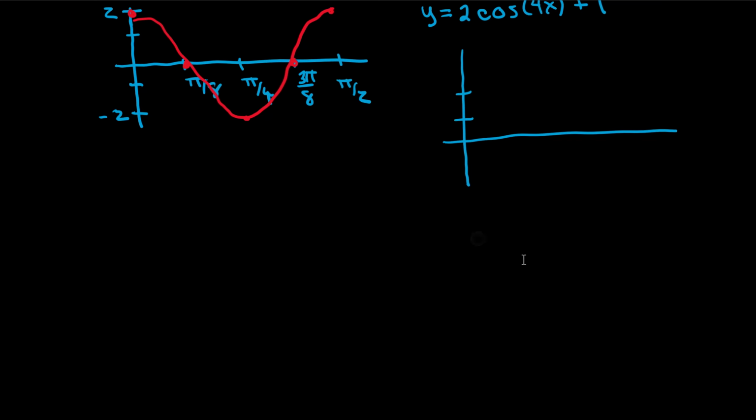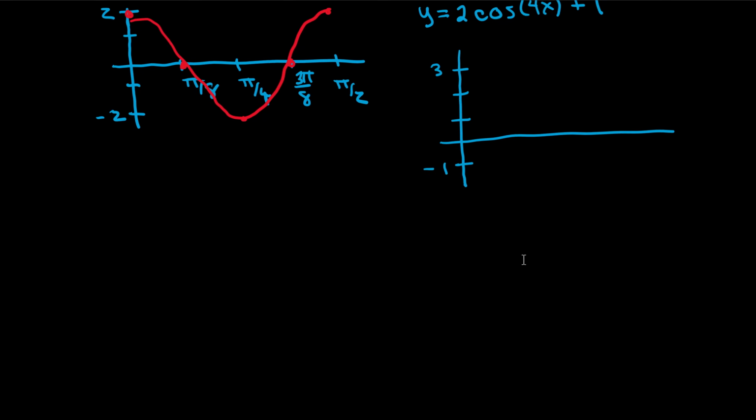Well, it did go up to 2, now it's going to go up to 3. It did go down to -2, now it'll only go down to -1. And before, the middle of the graph, if you look at the graph on the left, the middle of the graph was right there. What's going to happen is the middle of the graph gets moved up 1 unit as well. So now the middle of the graph, known as the midline, is moved up to y equals 1.